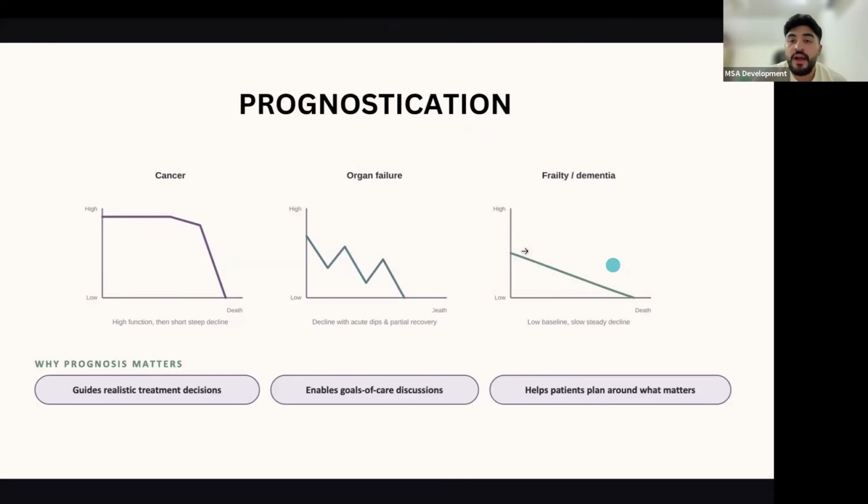People who have frailty and dementia have a really low baseline and a slow, steady decline to death, unfortunately. Why does this matter? This matters because it makes us more realistic in making our treatment plans, trying to identify what our goals are here to make sure that the patient is cared for properly, and to modify their expectations. So we go back to the Calgary gap again.